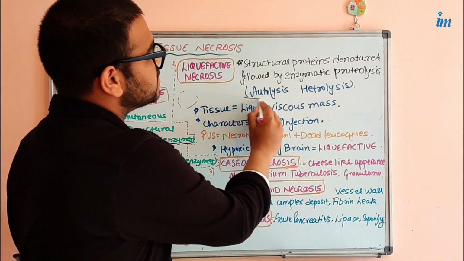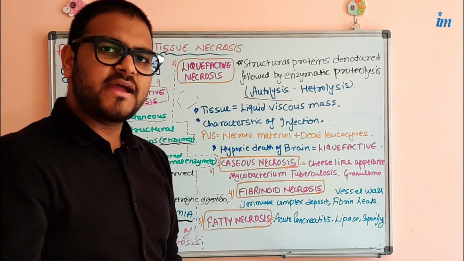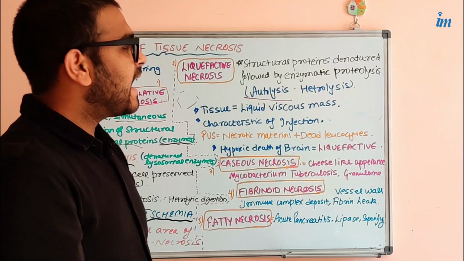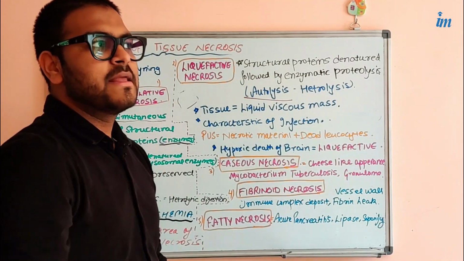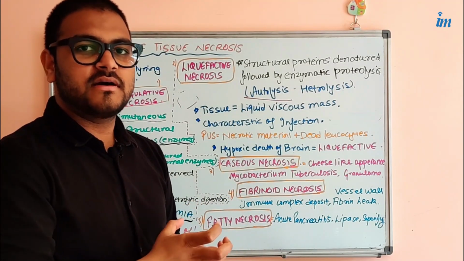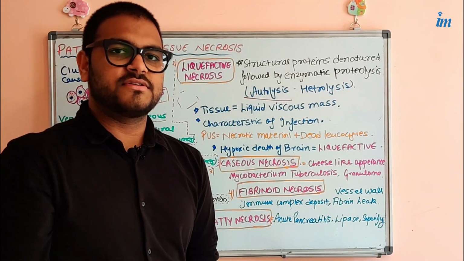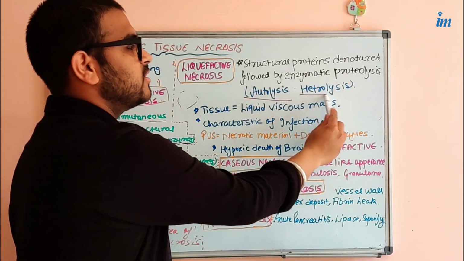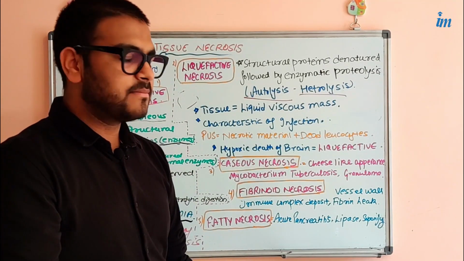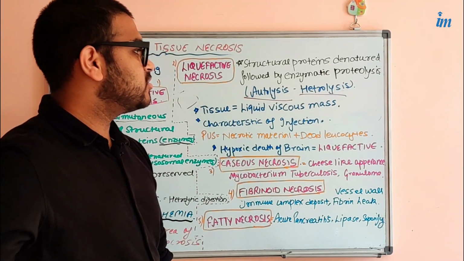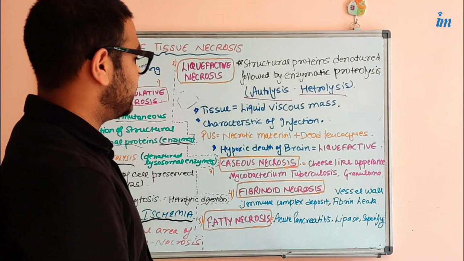So autolysis is present. Autolysis is the destruction of the cell, digestion of the cell by its own lysosomal components. And heterolysis will also be there. Heterolysis means that phagocytes and other inflammatory cells will also come and leak their destructive enzymes. So the cell is destroyed by its own enzymatic components, and it is also destroyed by heterolysis, that is by the phagocytic activity.